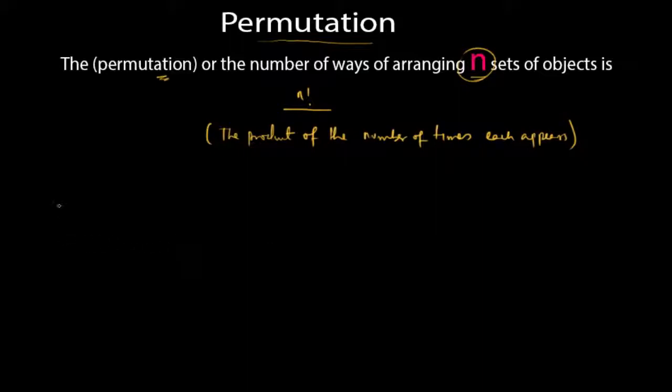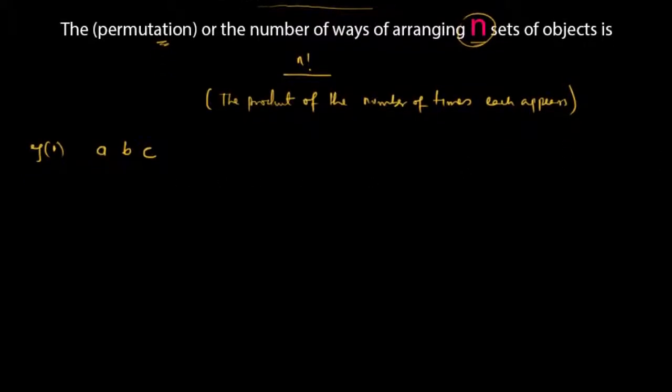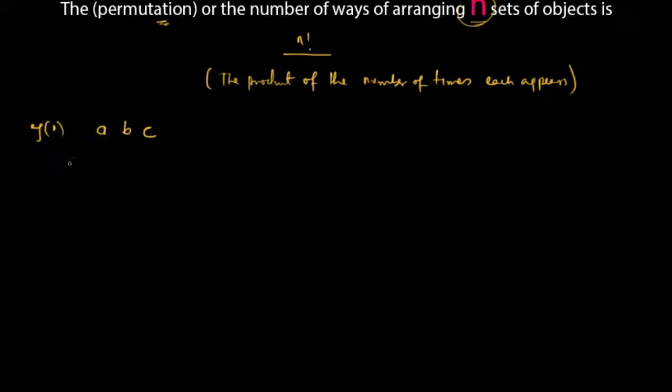For example, let me call this example 1. Maybe you're told to find the number of ways by which you can arrange A, B, and C. Manually, what you would do is start by arranging A, B, C. So A is still the first.